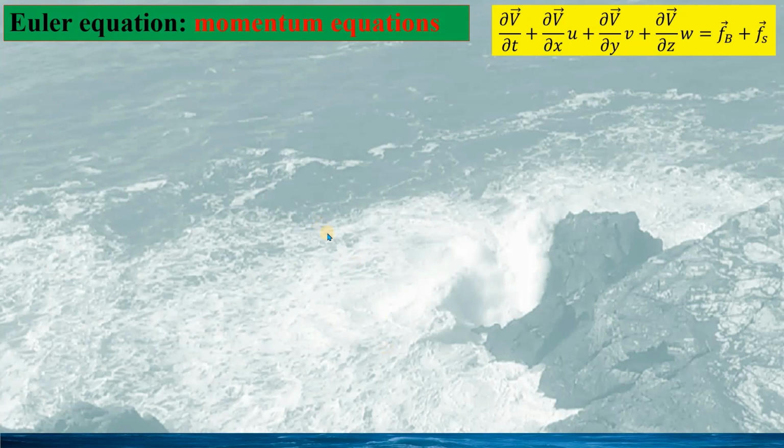In this final slide, I will put all this together, the momentum equations for the Euler equation. We have the expression for the momentum equation, and we obtain the body force and the surface force due to the pressure.